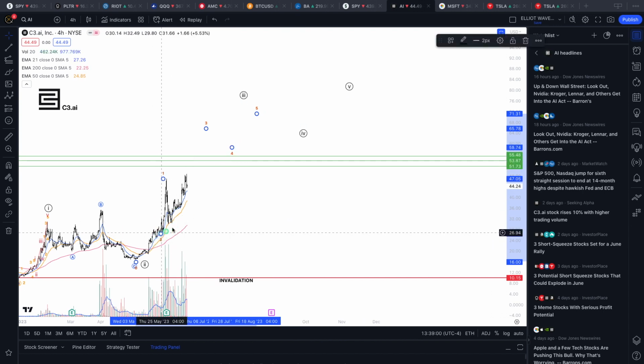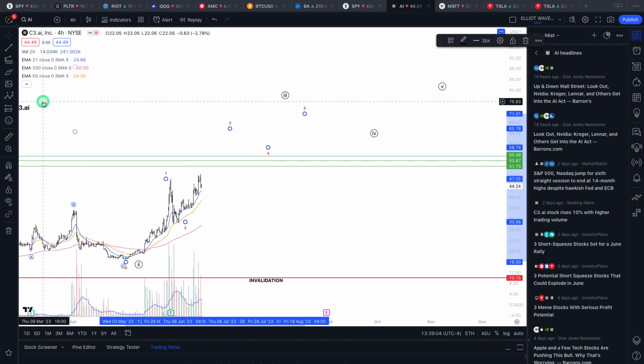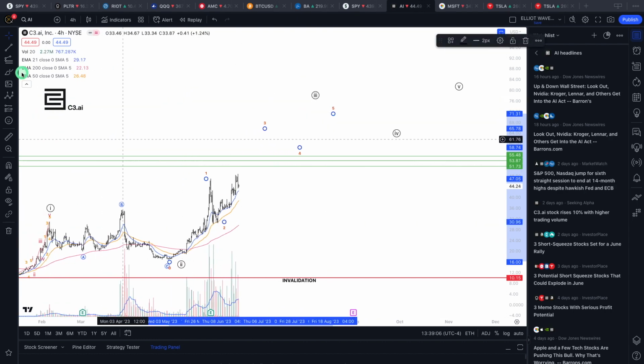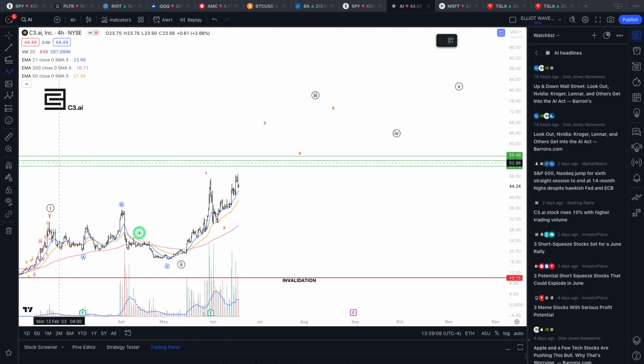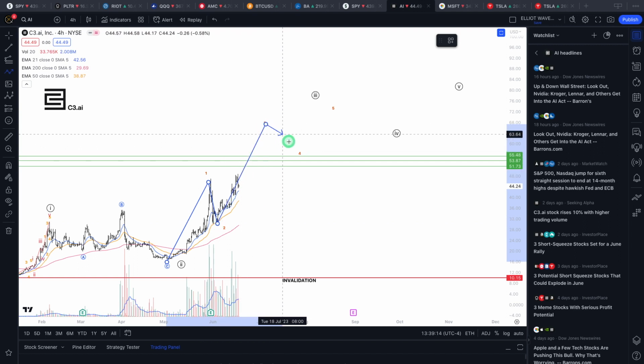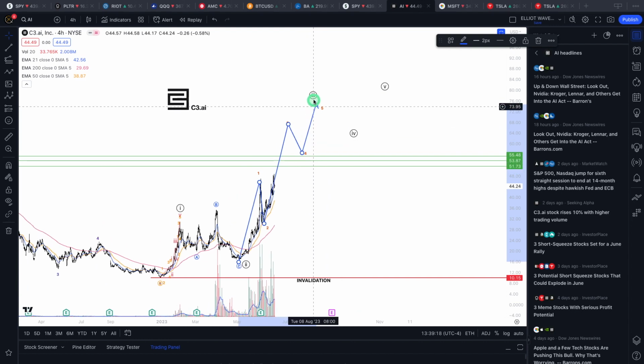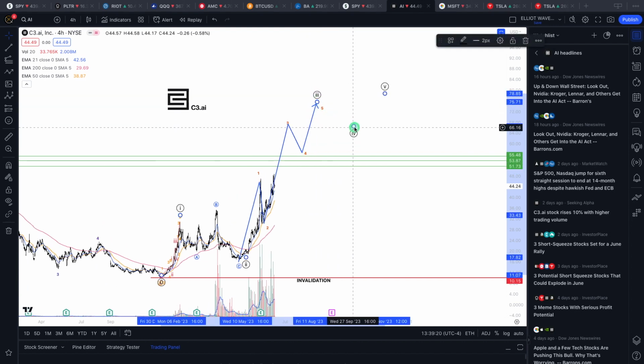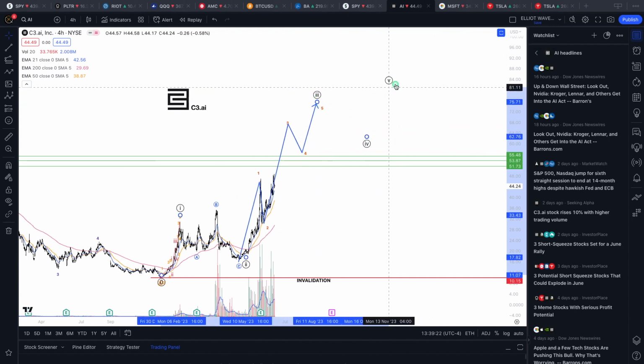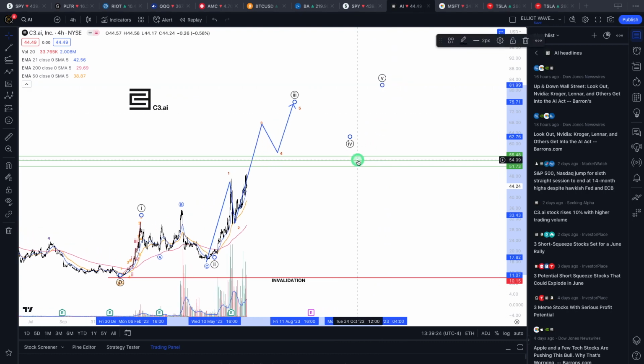So it would look something essentially like this. This whole move was our first of our third, second wave, we're going to get a third of our third, fourth, and then our fifth, which would then complete our larger degree third wave move before we get a fourth and then a fifth. So that's the more bullish case scenario.